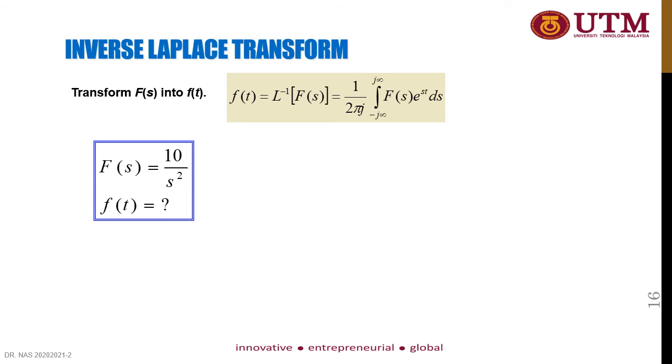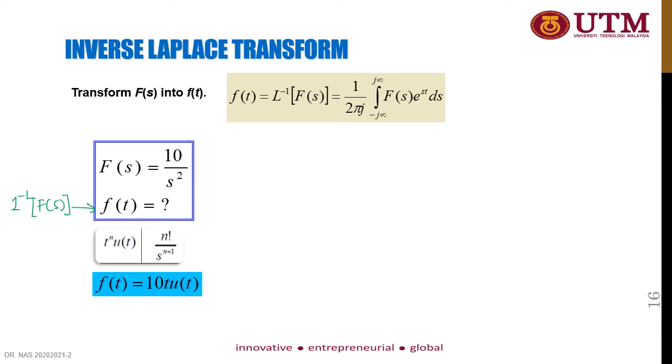Okay, so for example, you have F(s) equal to 10 divided by s squared. So what is your f(t)? To get f(t), you need to perform the inverse Laplace transform of F(s). Okay, then you get the f(t). Now refer to the Laplace transform table.